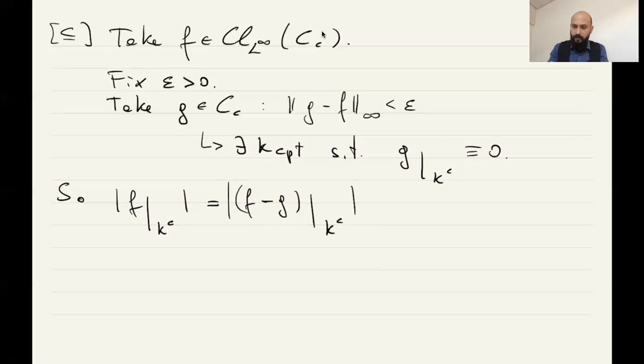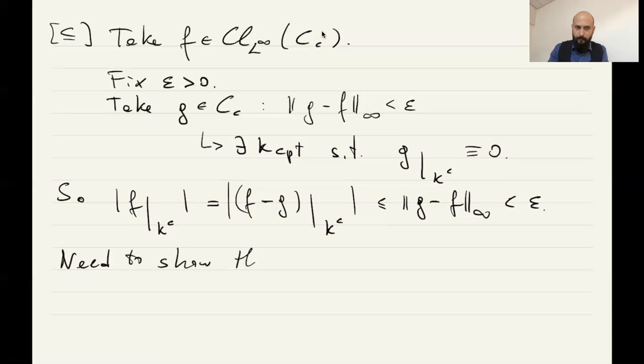And we know that this number is less than the sup norm of g minus f, which is less than epsilon. Okay, so we proved that for any epsilon there is a compact set K such that outside of this compact set the function is less than epsilon. But now we need to show that f is continuous.